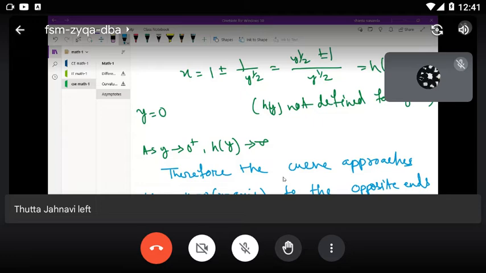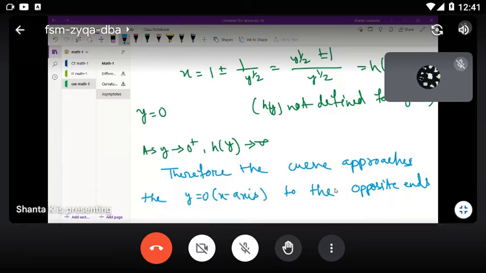Or the curve approaches the asymptote to the opposite ends.